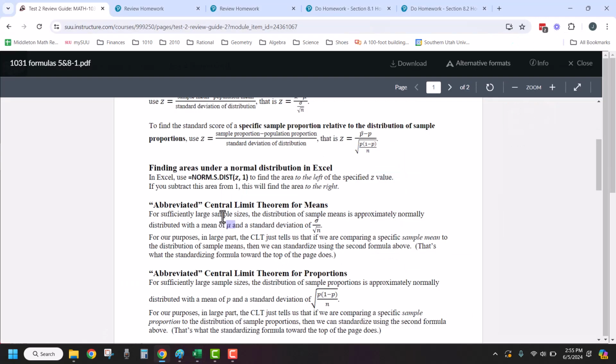But again, basically, the histogram will be normally distributed even if the original histogram of just rolling it once is not normally distributed. The distribution of sample means will be normally distributed, and the mean will be close to the population mean, and the standard deviation will be the standard deviation of the population divided by the square root of the sample size.